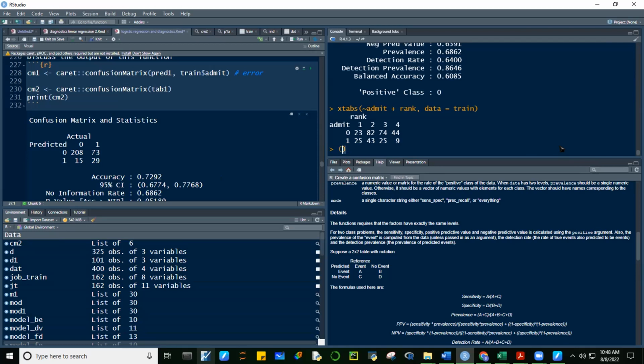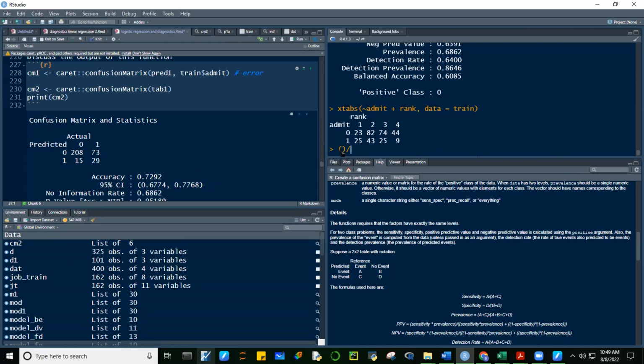Ilan yung magiging correct predictions natin if we predict that all the applicants will not be accepted? Okay, bakit yun? Kasi marami yung not accepted. What's the predictive power of our model?